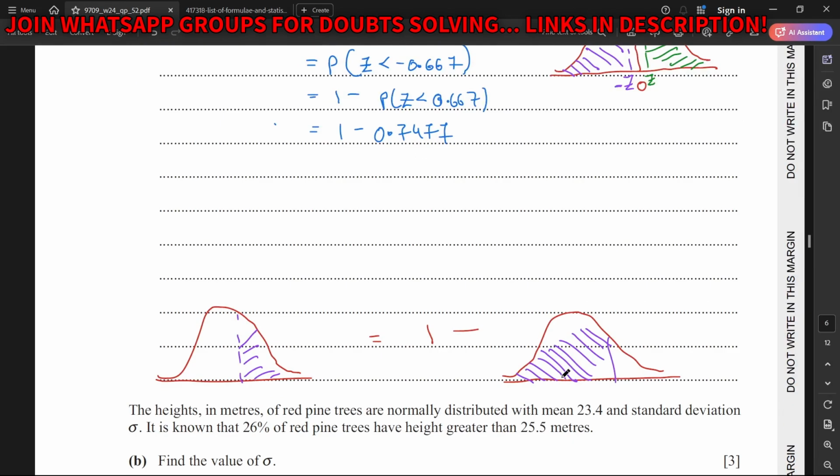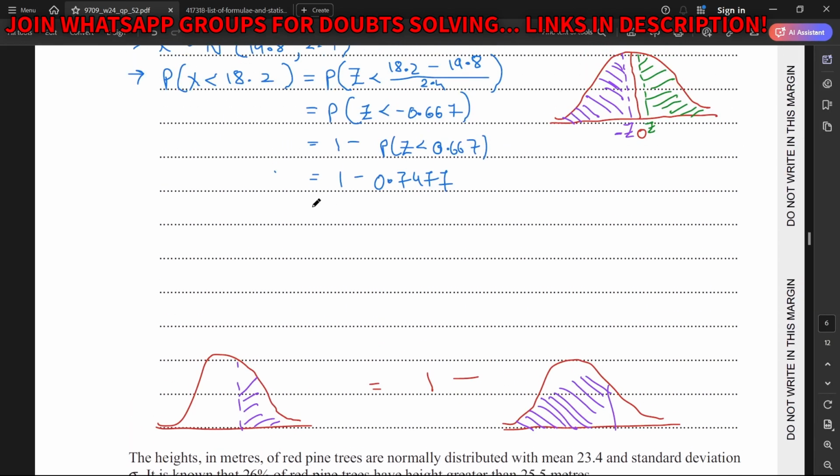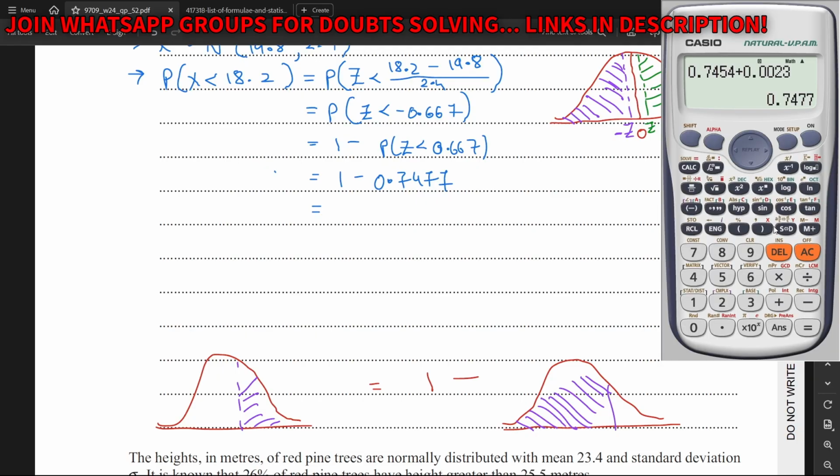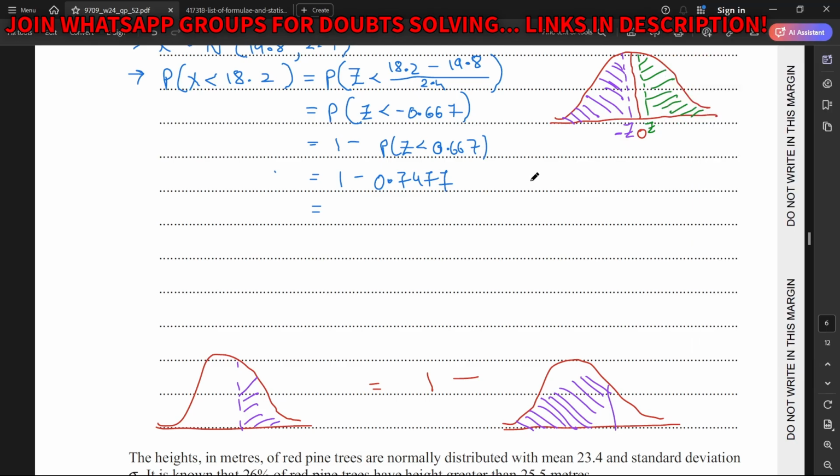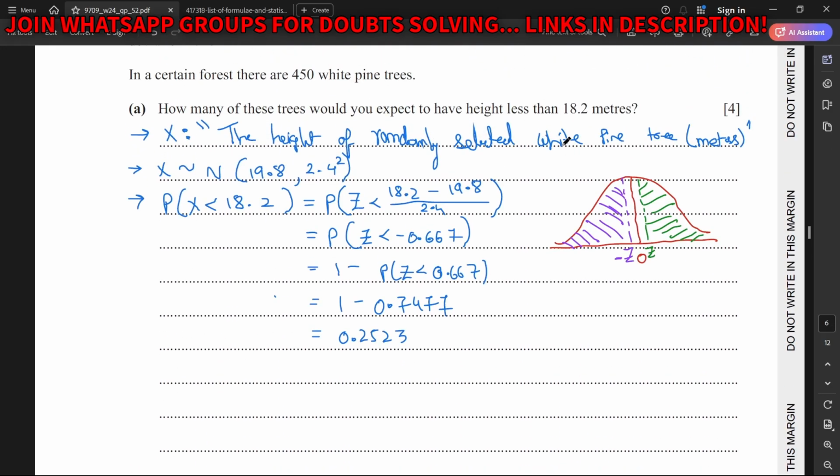So this is this area, right? Now I need to do 1 minus this to get the right hand side part of the area. So I'll take out my calculator and do 1 minus answer. It comes out to be 0.2523. So that's the probability for the white pine tree having the height less than 18.2 meters.